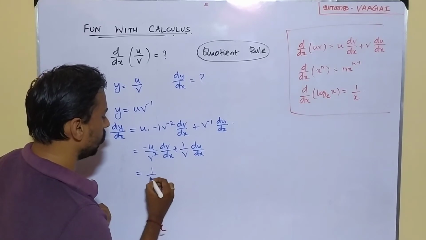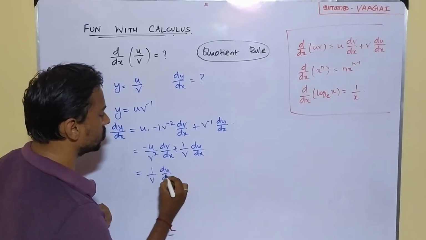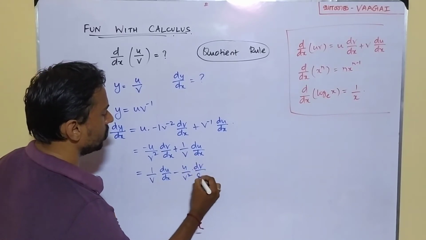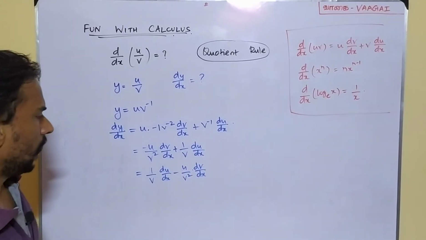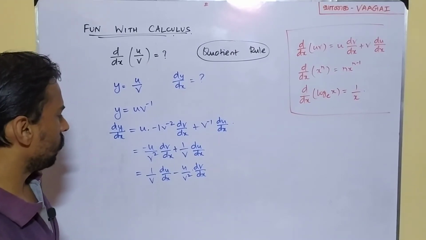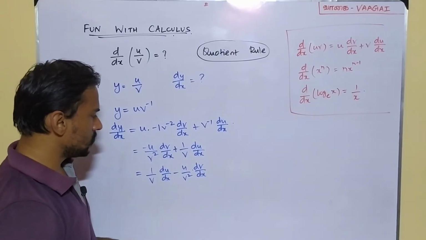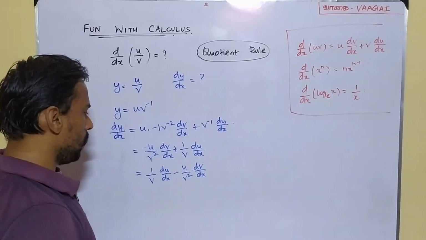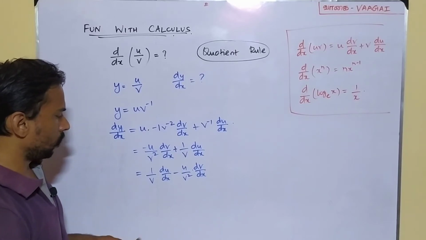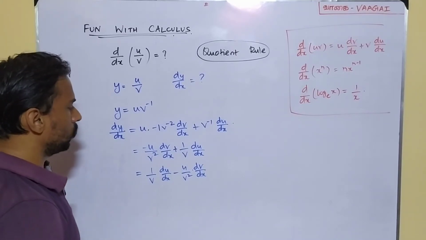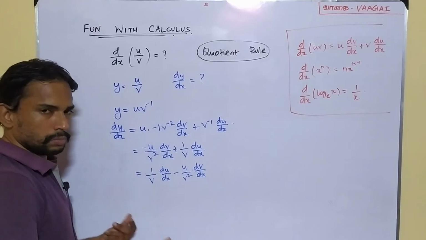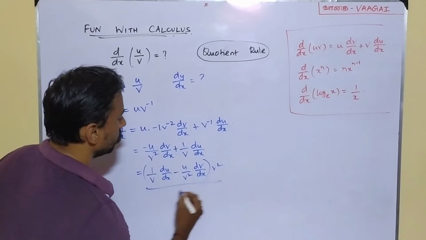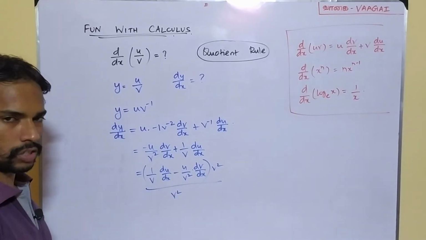So I'll be having 1 by v du by dx, and this comes next, minus u by v square dv by dx. All right. And now what I can do is, I can take this entire v square to the denominator. Or in simple words, I can just multiply this entire thing by v square and divide it by v square. So I hope this point is clear to you.